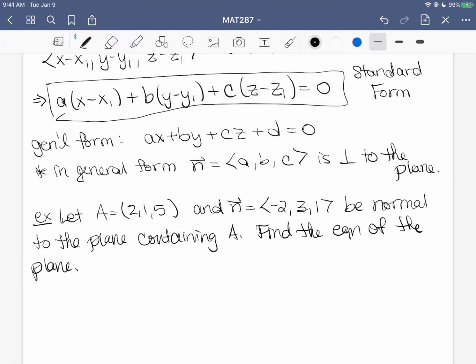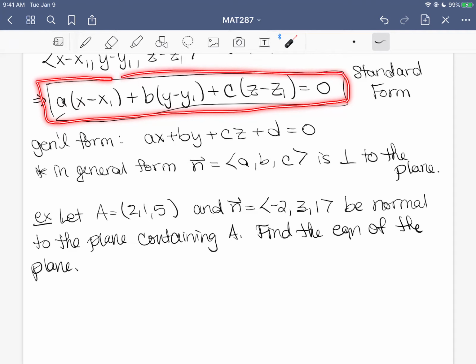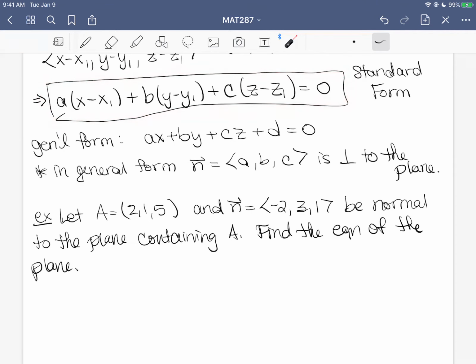Well, we just need to plug into the formula. It's still here at the top of the screen. So my a, b, c are the components of n, and my x1, y1, z1 are the components of my point A. So I just plug in.